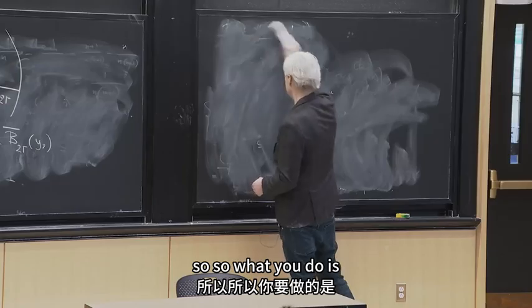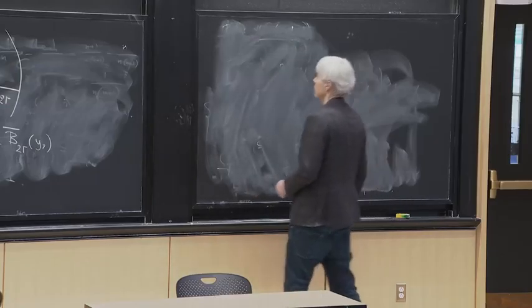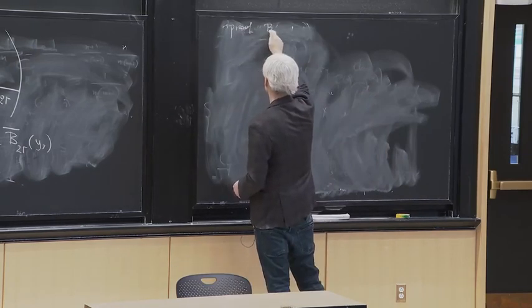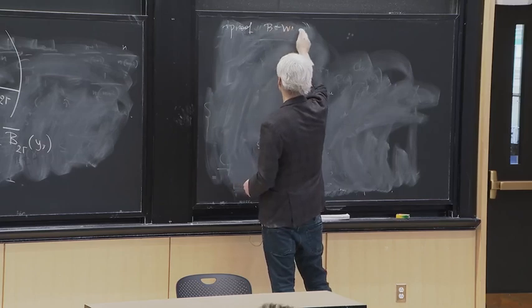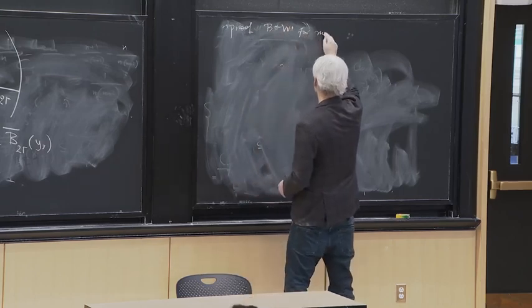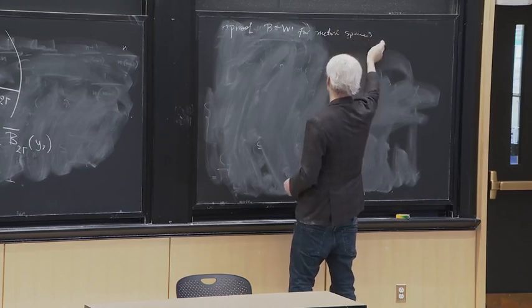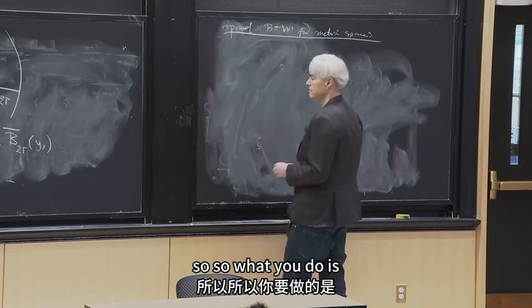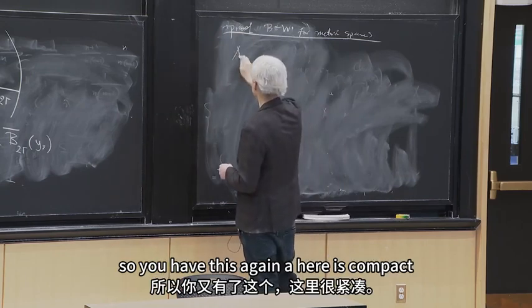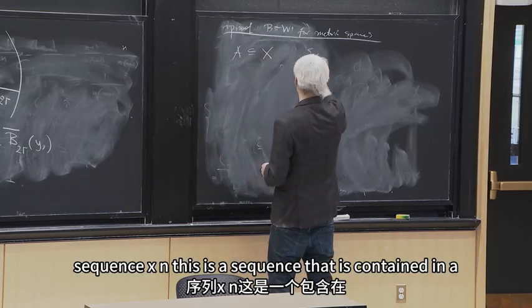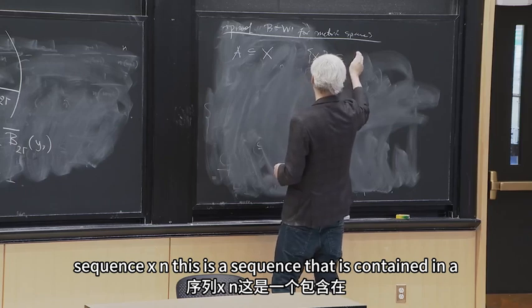So here is the proof of the Bolzano-Weierstrass theorem for metric spaces. A here is compact, and you have a sequence x_n contained in A.